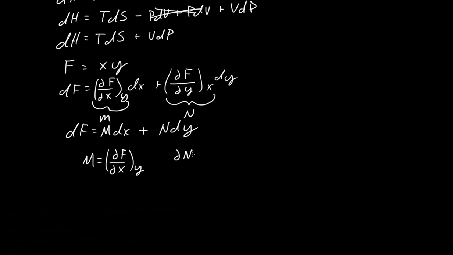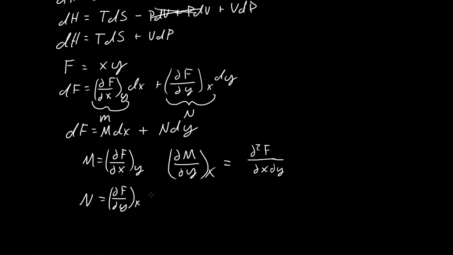If we took the partial of M with respect to y holding x constant, we would get the second partial derivative of f with respect to x and y. If we did the same for N, the partial of f with respect to y holding x constant, and took the partial of N with respect to x holding y constant, we would get the same second partial derivative of f. So if these equal each other, then these equal each other.